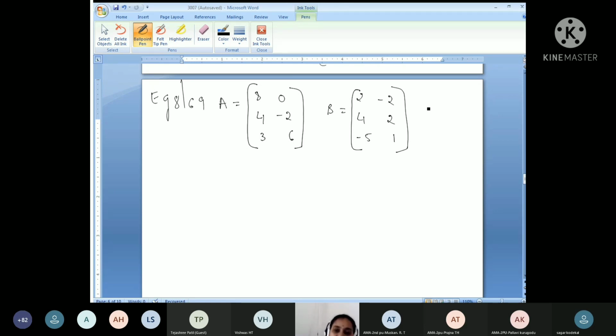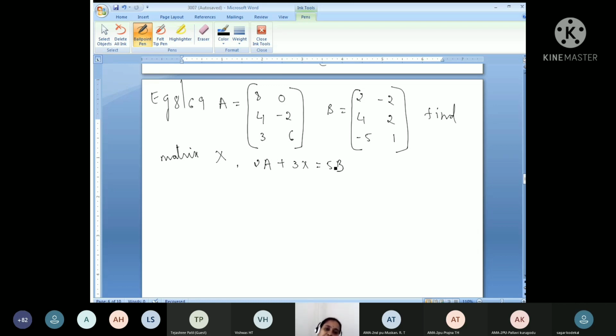They are asking, find a matrix X such that 2A plus 3X is equal to 5B. This is what they are asking. Have you understood the question?